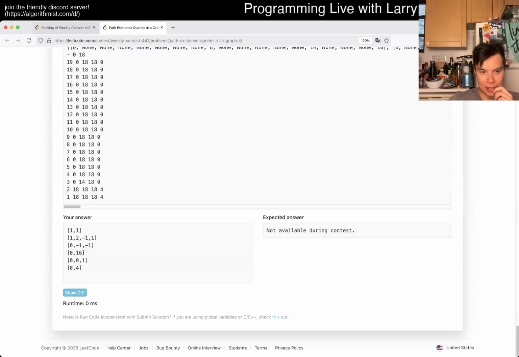This is just saying that okay, if it takes 4 moves, it can get there. Why is this 3 6? Maybe this is wrong.